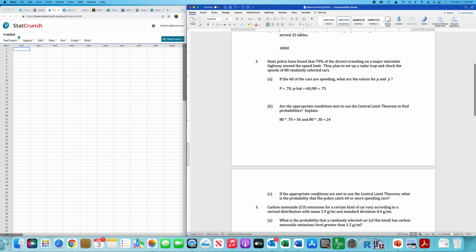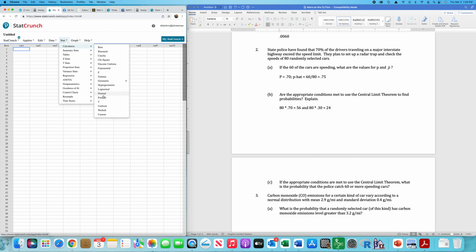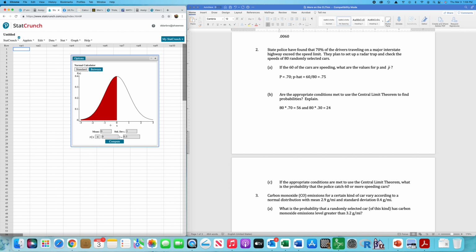So if the appropriate conditions are met, what's the probability that the police catch 60 or more of the 80 speeding? Well, this is a classic normal distribution problem. So the mean is 0.70. The standard deviation is the square root of 0.70 times 1 minus 0.70 divided by the total number of cars.